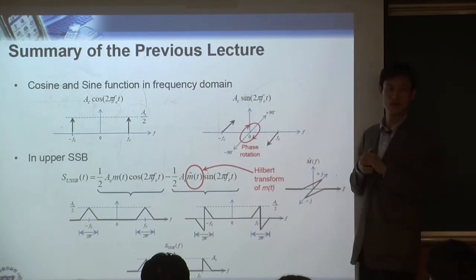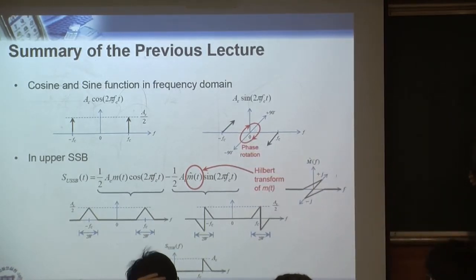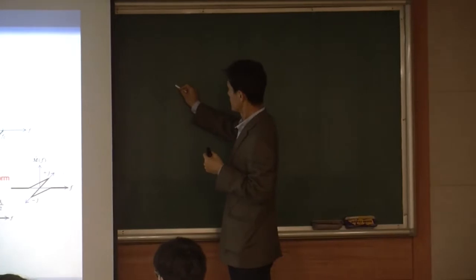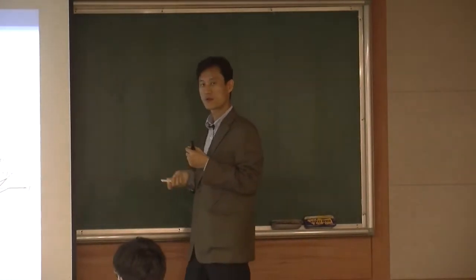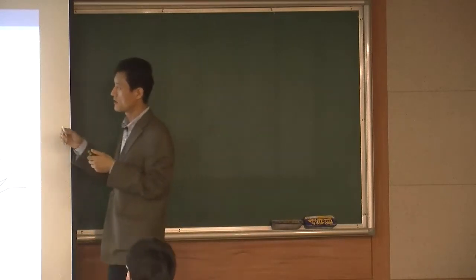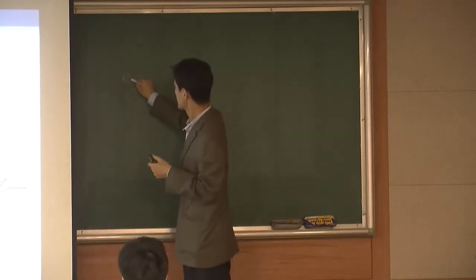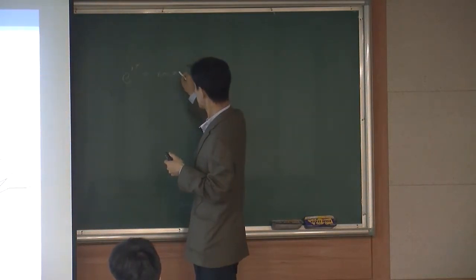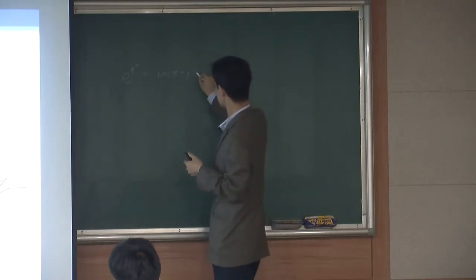How do you know? You know the Euler identity, right? That means exponential j x equals cosine x plus j sine x.